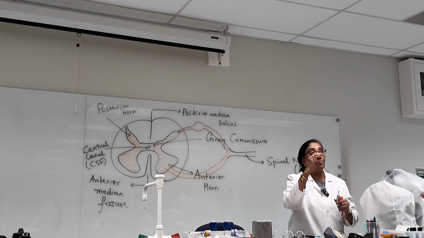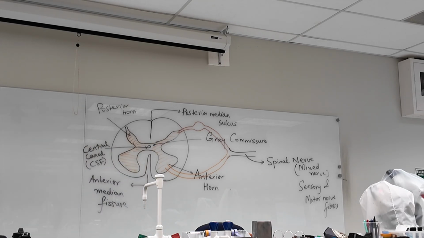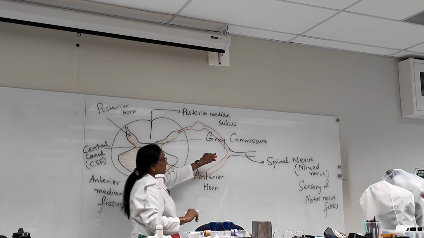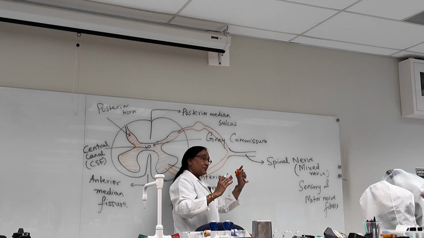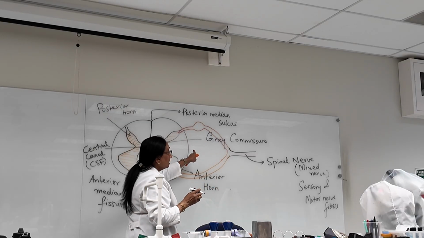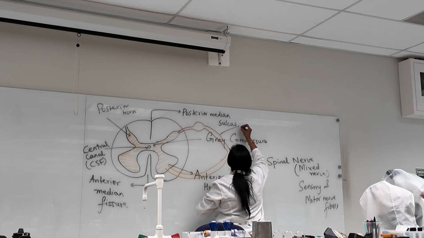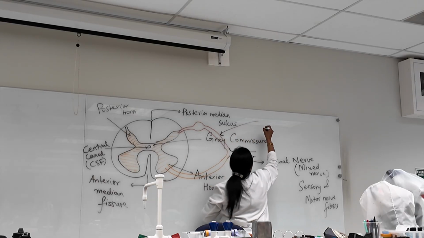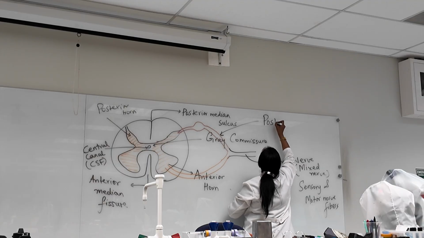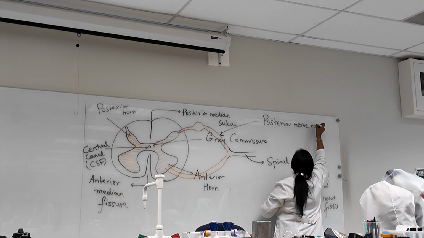So when you come closer to the spinal cord, once it goes into the vertebral canal, what comes out of the vertebral canal is this single nerve. But when you go closer to the spinal cord, you will see that it splits. The one at the back is called the posterior nerve root.